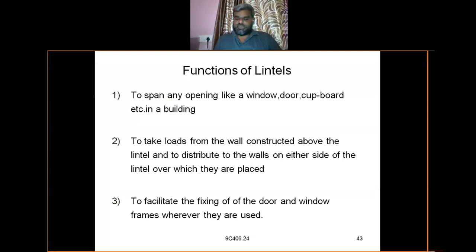Right? These are the three functions. So, to span any opening, to take loads from the walls constructed above the lintel and distribute to the walls on either side, and to facilitate the fixing of the door and window frame wherever they are used.